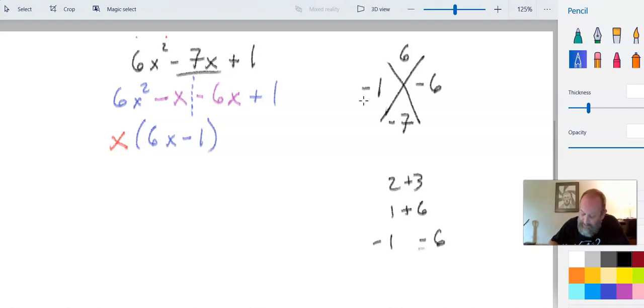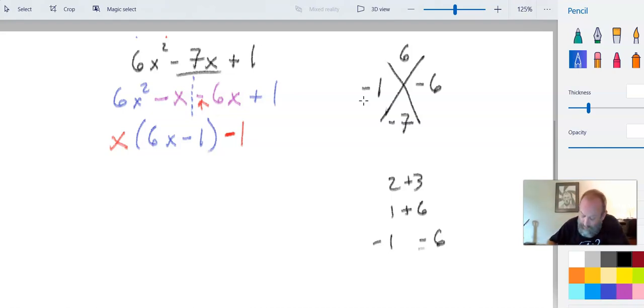Now the back end here, well, let's see, I have a negative, so I know whatever I'm going to pull out is going to be negative, right? And that's because of this guy. And if I look across this, 6x and 1, normally you would say there is no common factor, but what that actually means is the only common factor is 1. And so in this case, we still have to pull out the 1 so we can see what's going on.